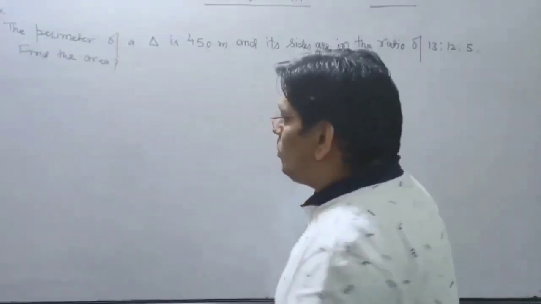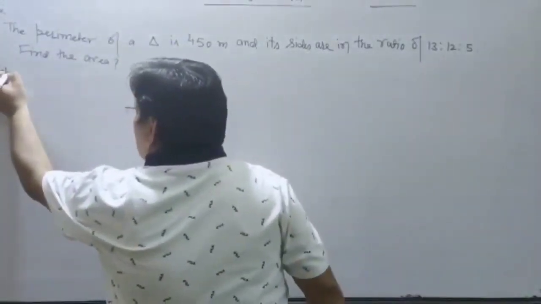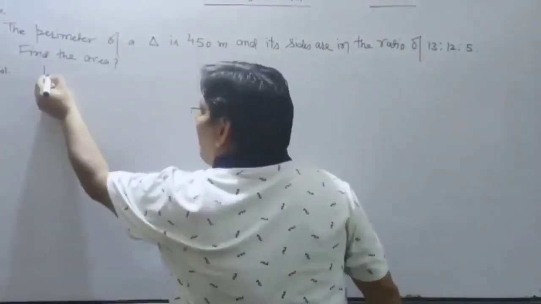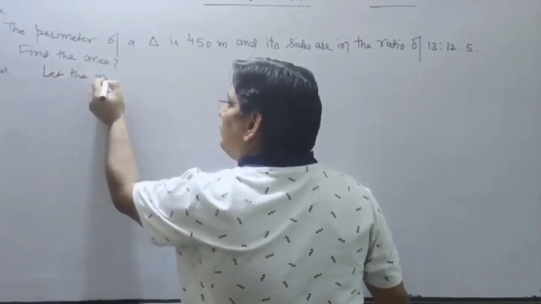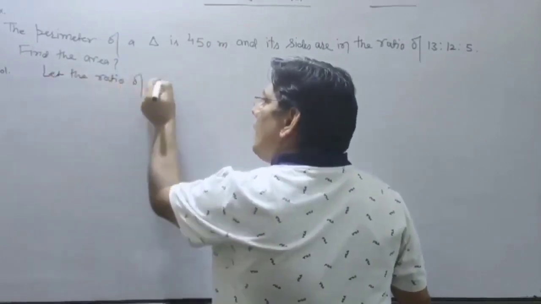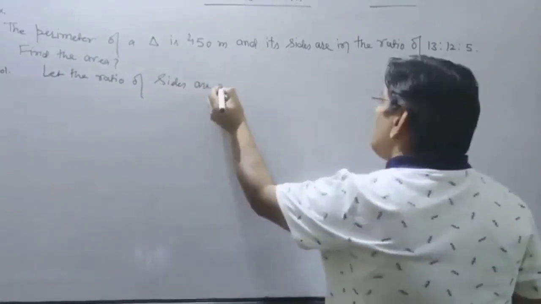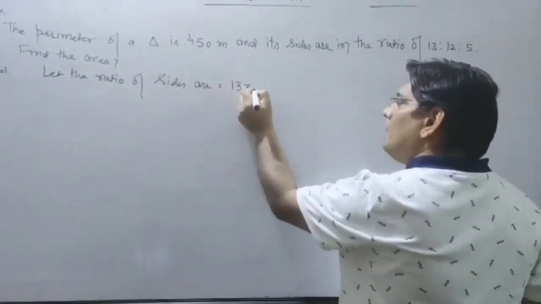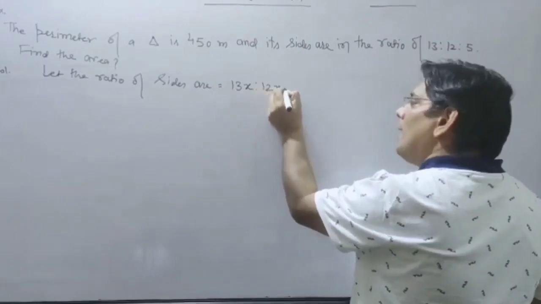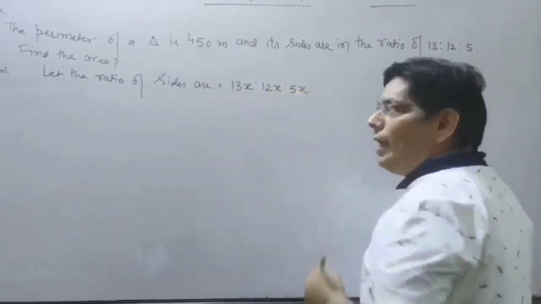So in that situation, when you start the solution, let the ratio of sides be 13x, 12x and 5x, using a variable with the ratio.